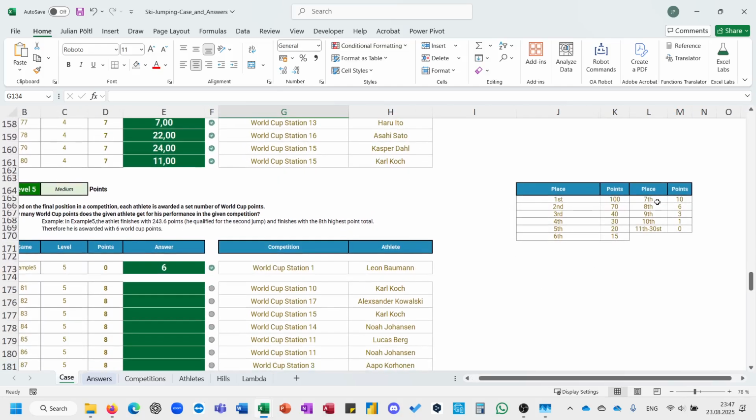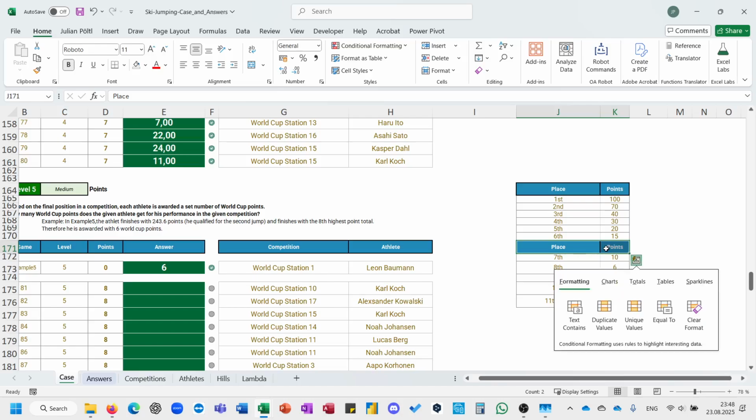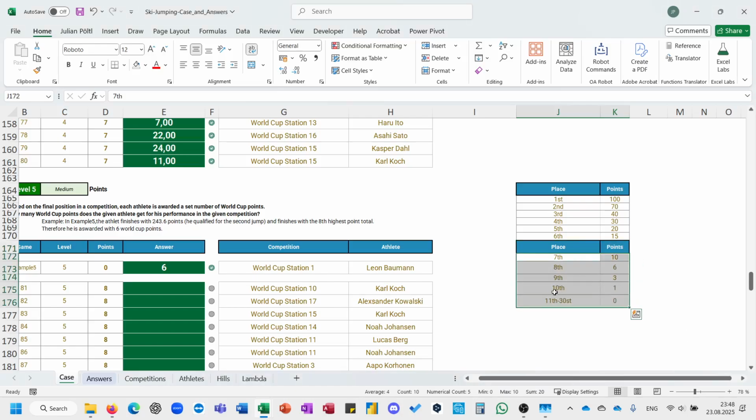Here, based on this, this is a horrible table. Based on the position, they get a different amount of points.